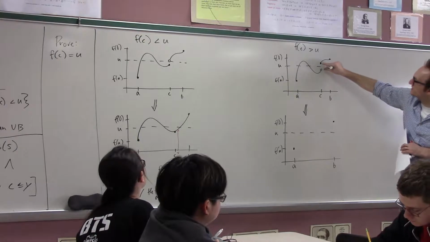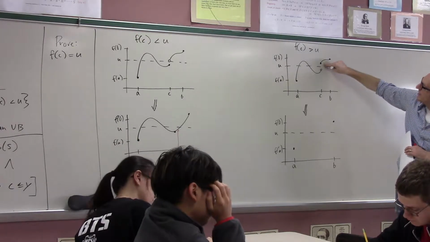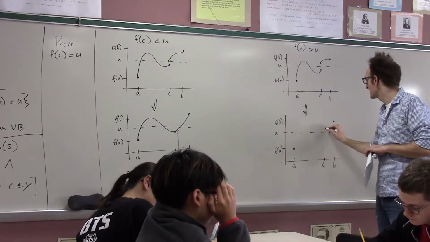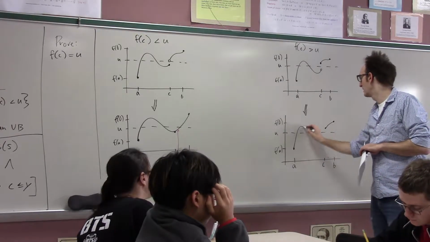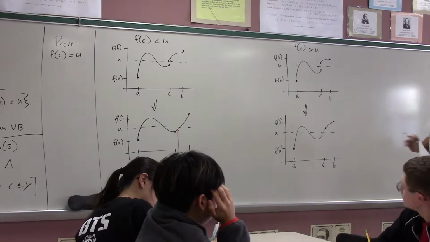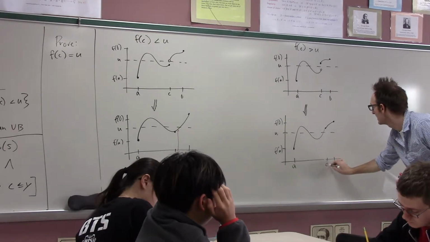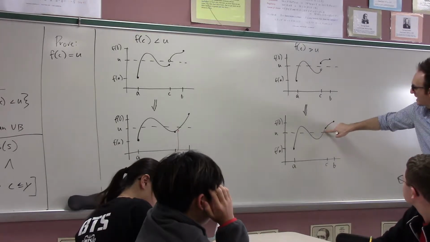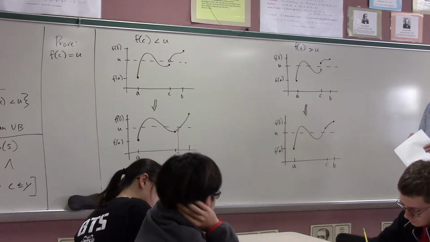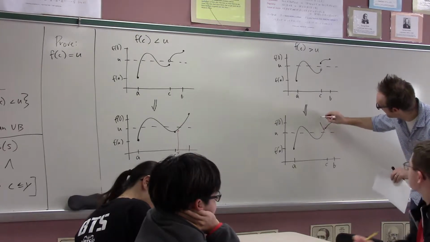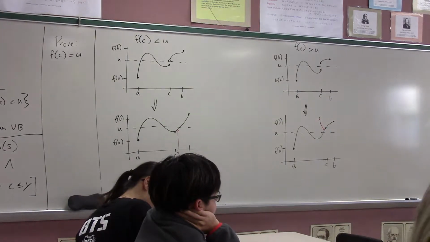Now, by forcing it to be continuous, but by keeping f of c above u, here's c. Now we have x values that are a little bit less than c, but which are above the line.